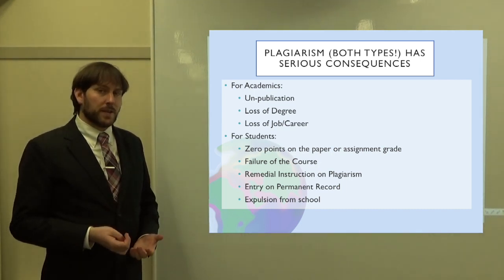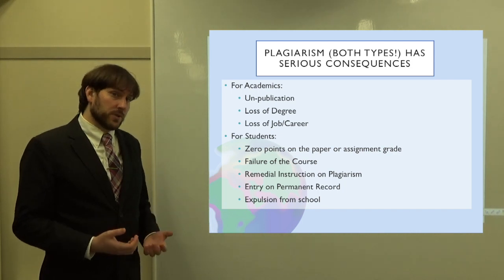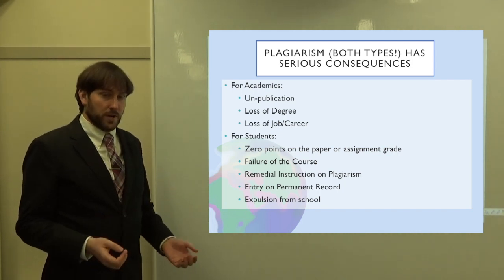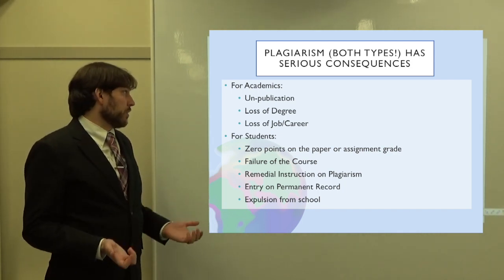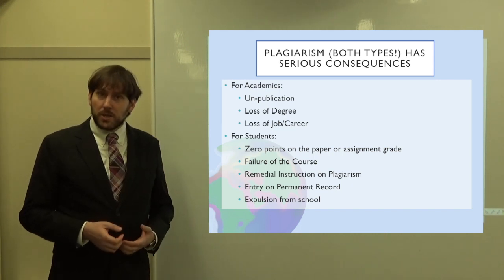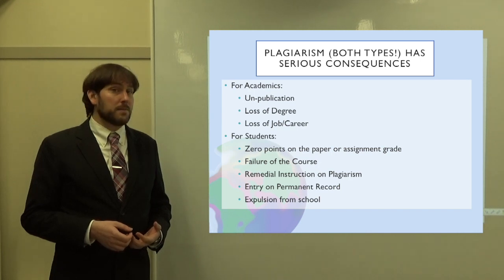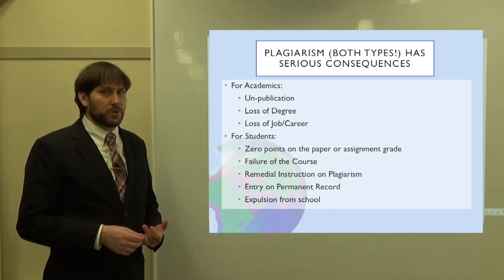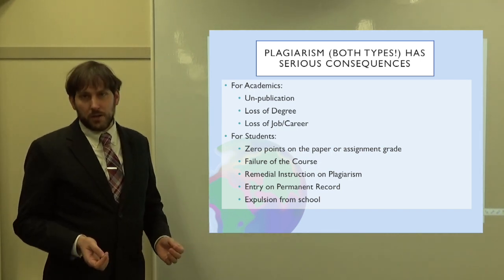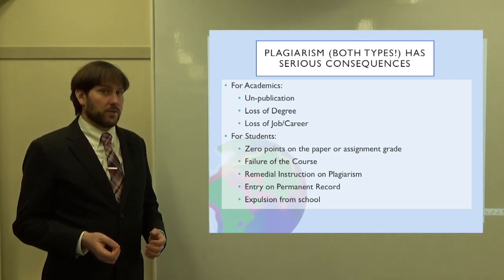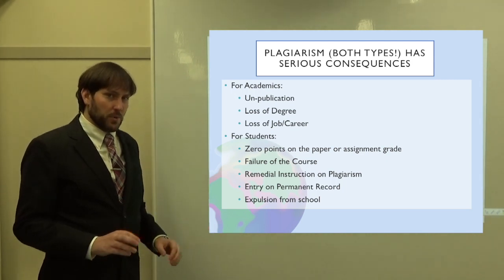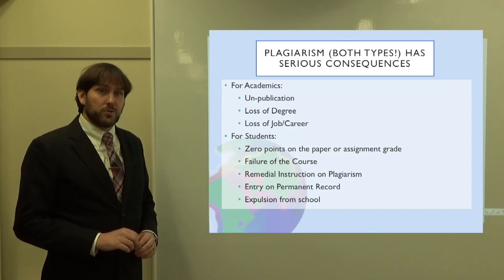For people who are in academia, people who work at universities or at research libraries or research institutes or laboratories, the document that contains the plagiarism will almost always be unpublished. So even though it appeared in a journal or in a book, they will send a letter saying, this document is not published anymore.